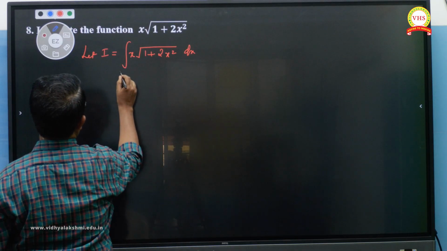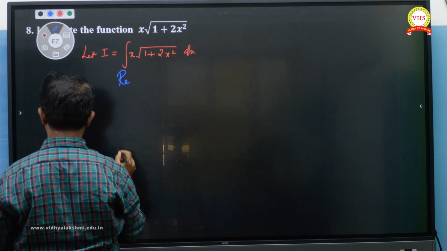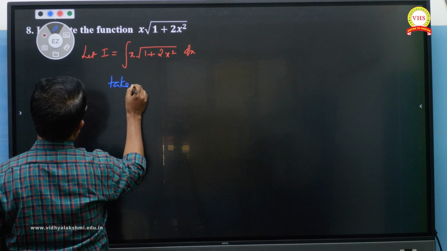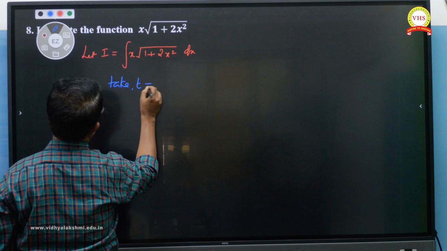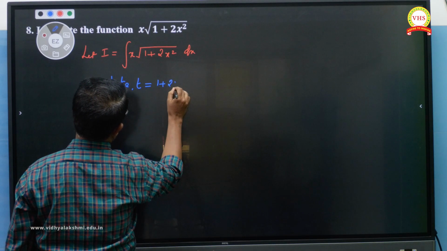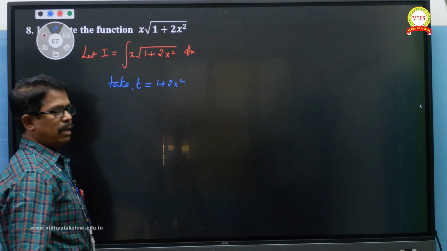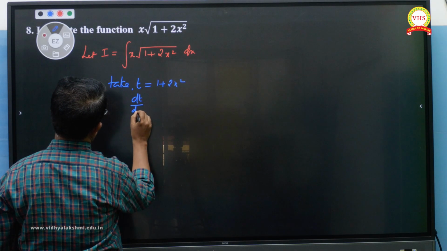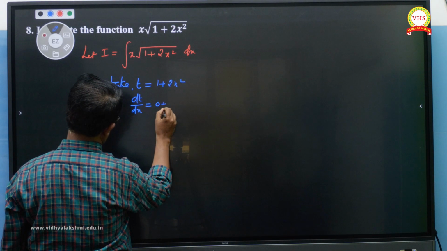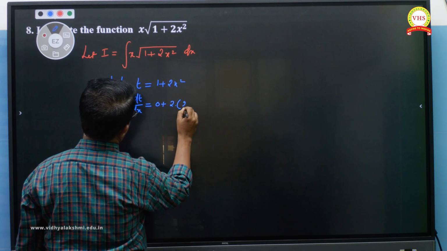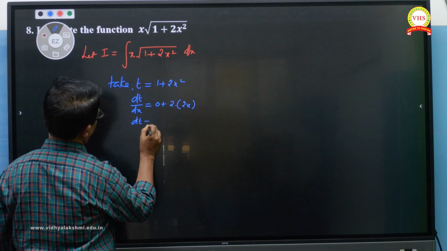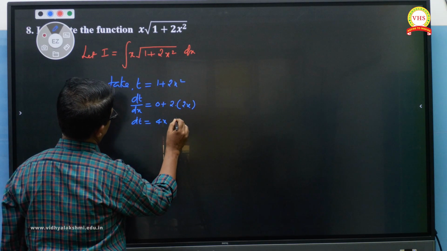Take t as 1 plus 2x square. Then differentiate with respect to x. dt by dx equal to 0 plus 2 into 2x, the derivative of x square. That is dt equal to 4x into dx.